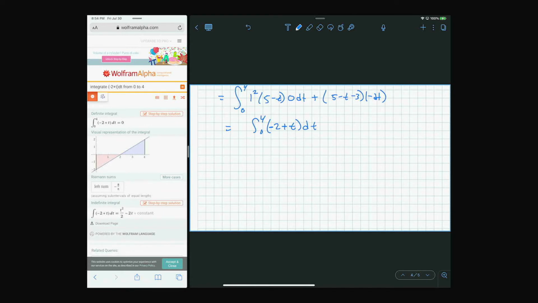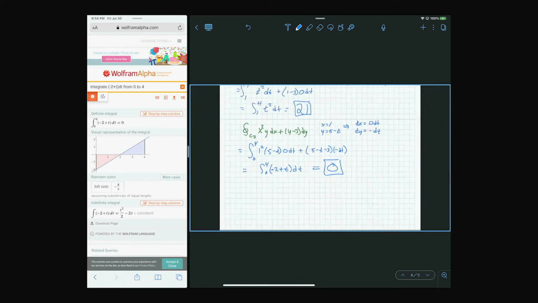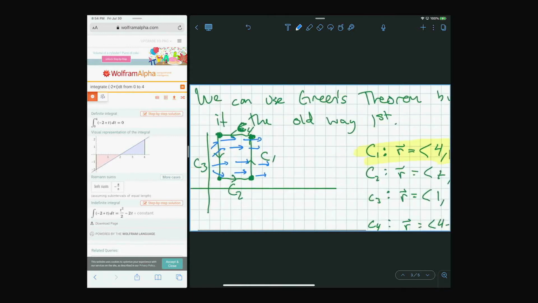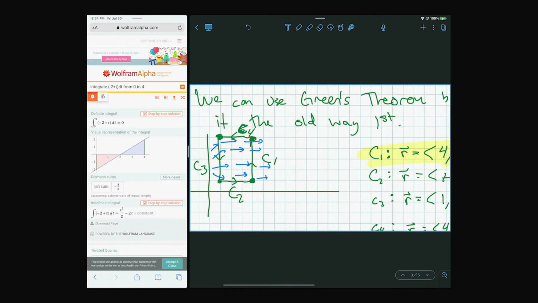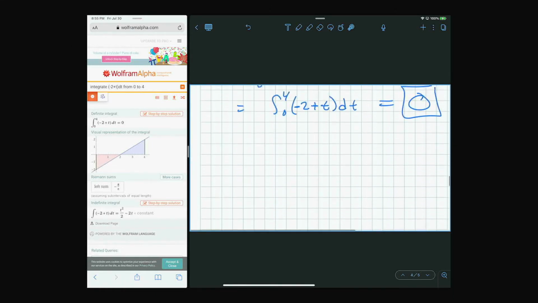This one is 0, for the same reason the other one was 0, it's due to the symmetry up here and down here. This is still a little bit up to the right, and this is still a little bit down and to the right, even though my drawing doesn't make it look that way. When you're trying to figure out how much of the fluid is flowing in this direction, when you add it all up, it adds up to 0.